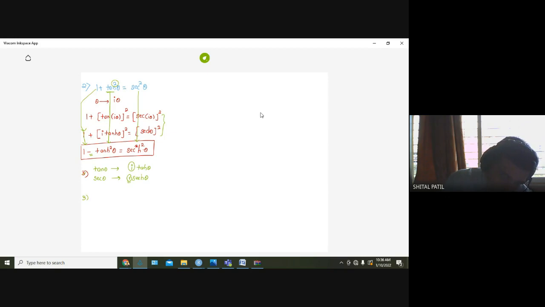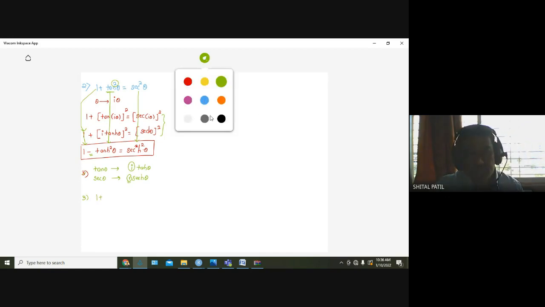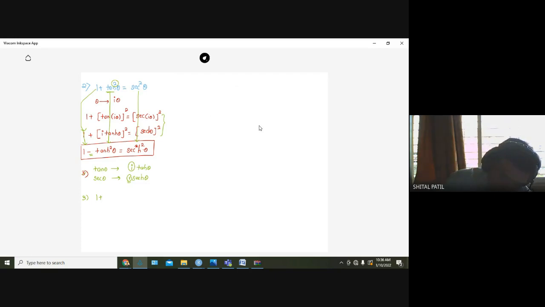Okay, example 3. Let me try it first, then you can write it. Just try to understand. 1 plus cot square theta, what is that? That is equal to cosec square theta. Now, what is the coefficient of cot theta when we want to convert it into hyperbolic?